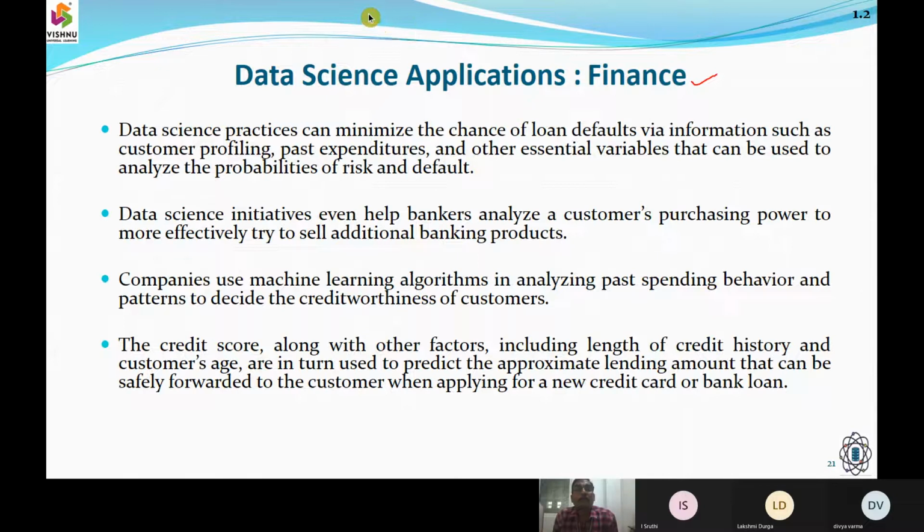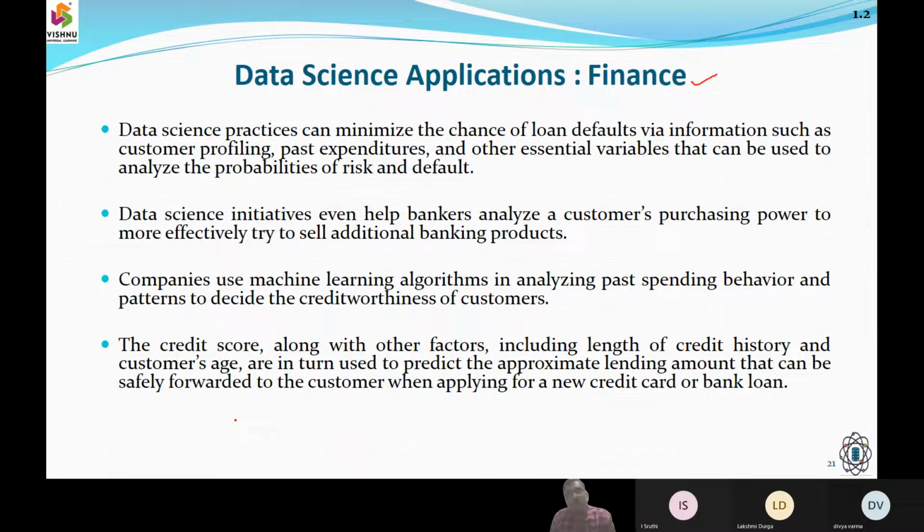We look at the word crediting, the word debiting, and the balance sheets, etc. Thereby we analyze the person's banking scenario, and whether a loan can be given based upon his credit history, age. So this is how finance is a part of data science applications. For that, we are going to identify his behavior with machine learning algorithms.